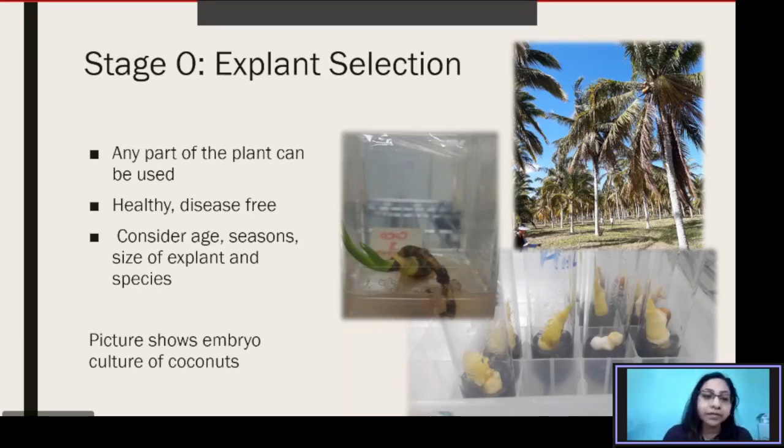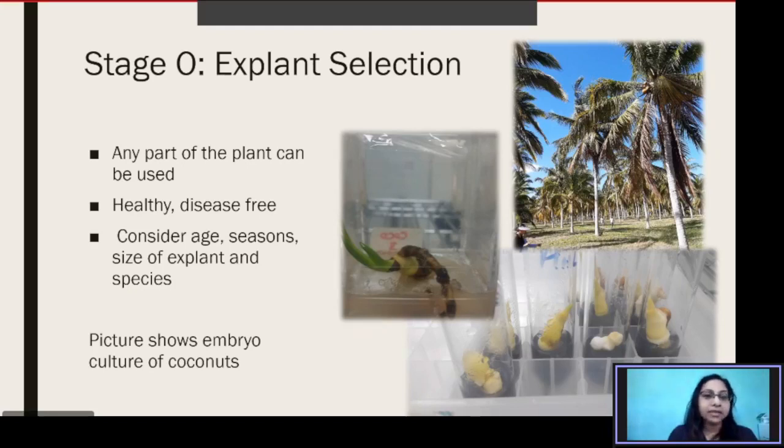So as mentioned before, any part of the plant can be used, but in terms of selecting a plant, you look for a healthy, disease-free plant. Disease-free and free from water stress as well as any nutrient deficiency. So when you go out into the field, you select the best looking plant.